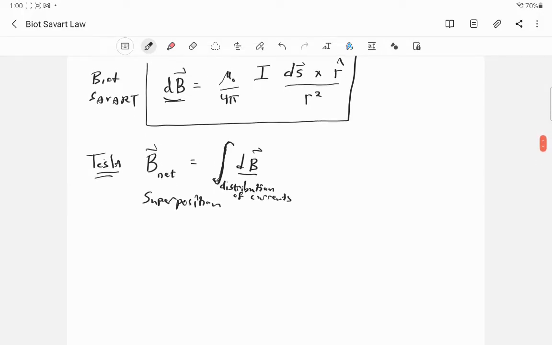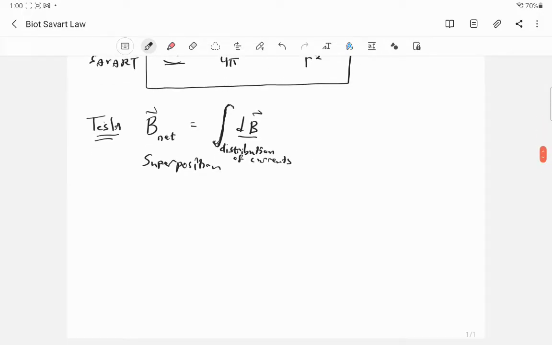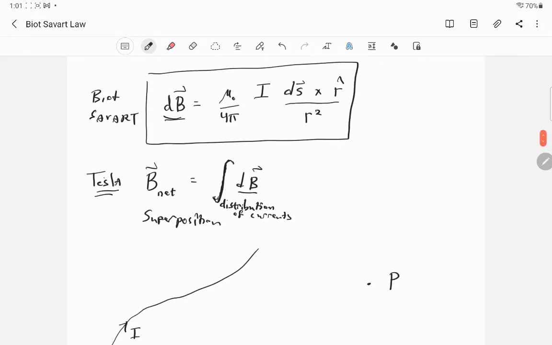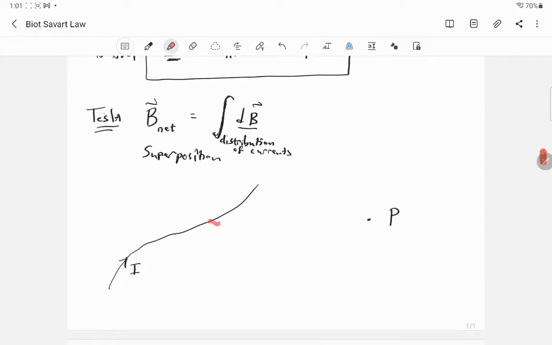Okay, so here's how you use it. The idea is I have some current, and I have a place P. You can imagine some sort of coordinate system in the background. It could just be an XY, or this could be a three-dimensional problem. So I'm going to imagine that along this line is a current I. And just for the sake of figuring out how to use the Biot-Savart Law, I'm interested in a really short segment of this wire right here.